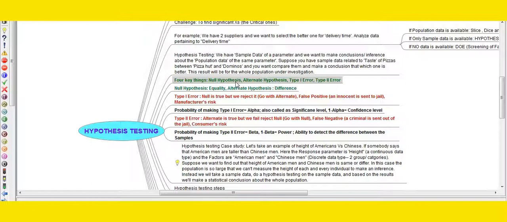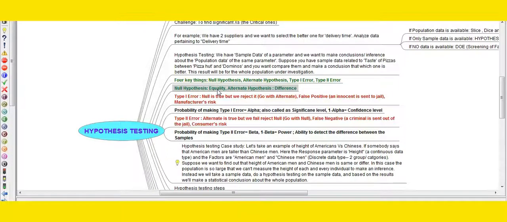These are null hypothesis, alternate hypothesis, type 1 error, and type 2 error. The null hypothesis is a hypothesis of equality.